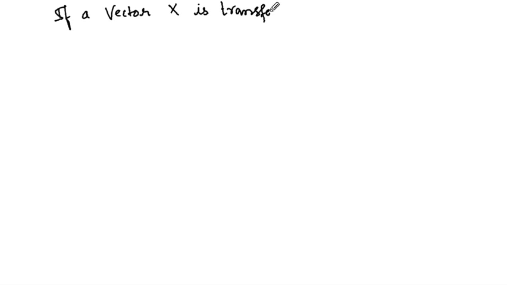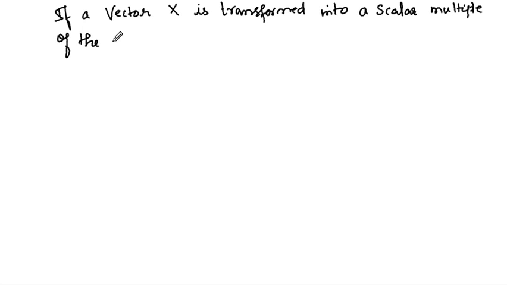So we have seen the matrix A, and if a vector capital X is transformed into a scalar multiple of the same vector, y is equal to lambda x, and that is equal to A into capital X. Therefore, on multiplying lambda x with the unit matrix of order n, we get Ax is equal to lambda I into x.